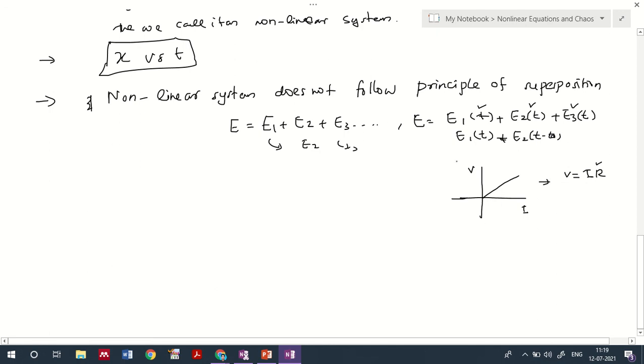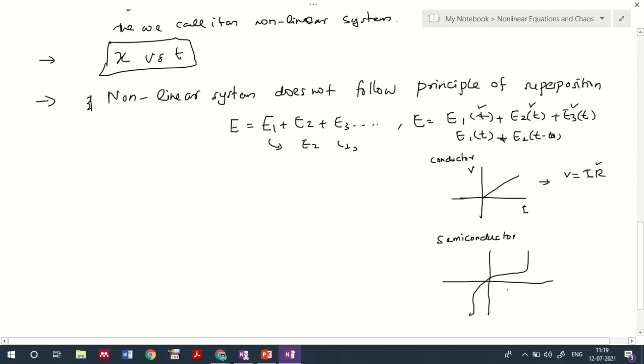This is the case for a conductor or a resistor. And what is the case for a semiconductor? A simple example of a nonlinear system is the PN junction diode, which you may remember.